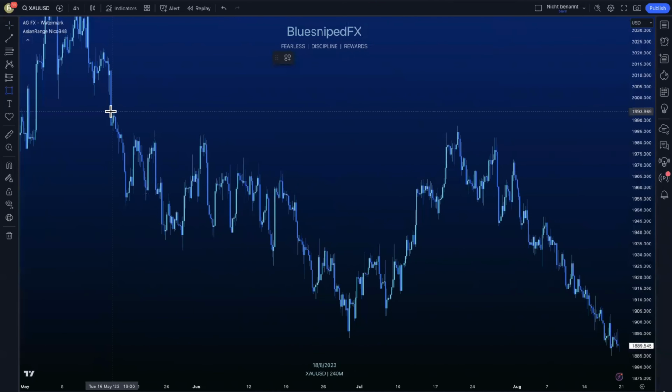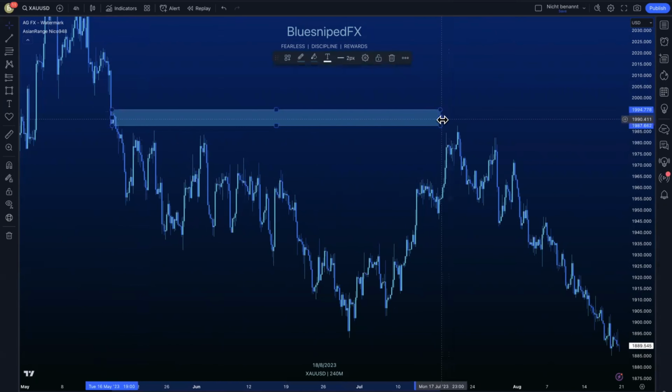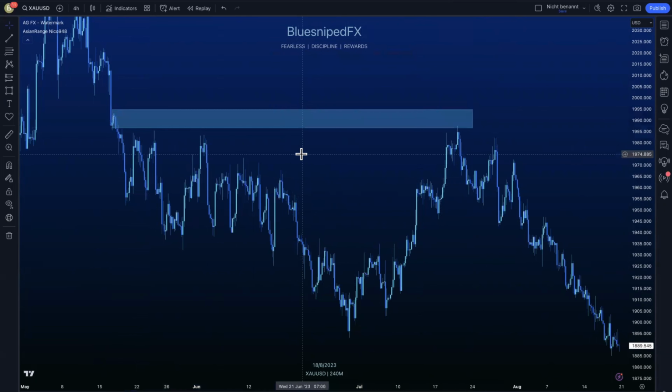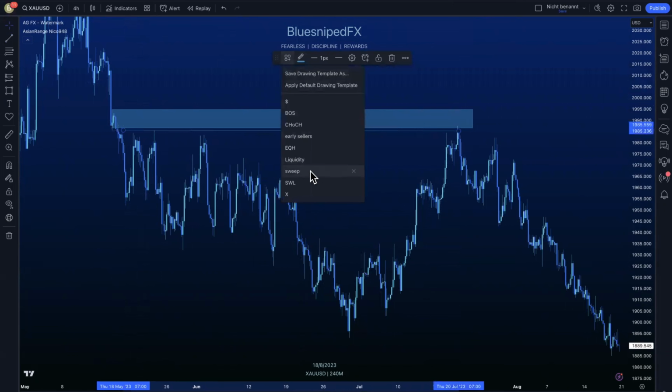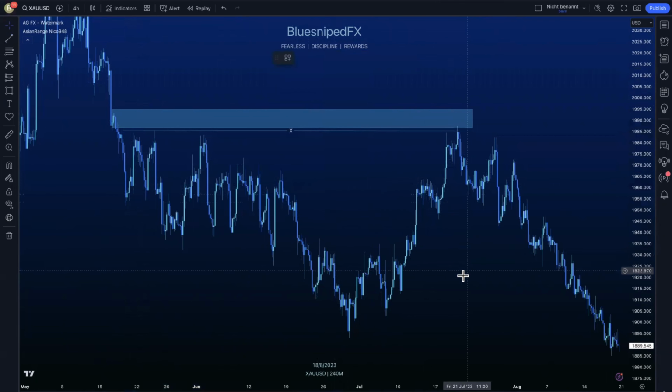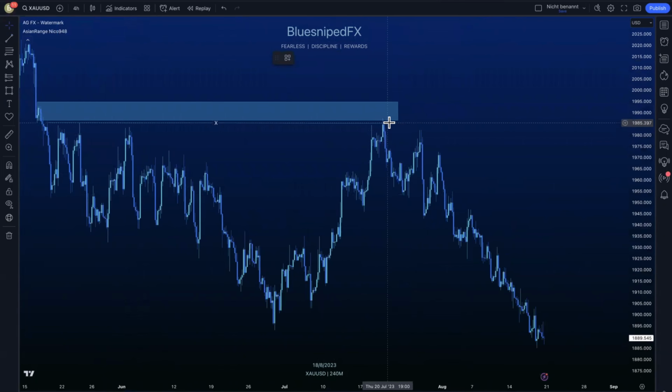So we have this supply zone up here, and we see how the market just sniped into the zone and wiped out these nearly equal highs, a bunch of liquidity just laying around here, right? Wiping this out first, mitigating into our higher time frame last supply zone.